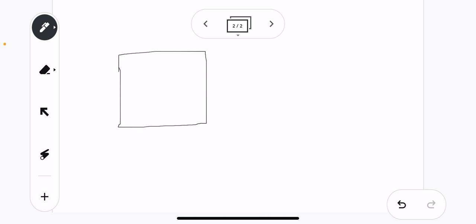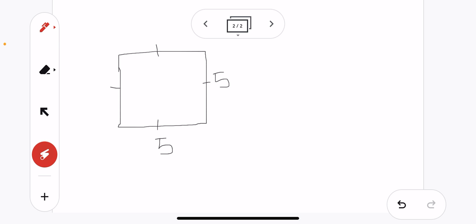So I've got my nice little square there. Let's say the sides are 5 and 5, and since it's a square, it's all the same, so I wouldn't need to write that next 5 there. Let's talk about the perimeter.